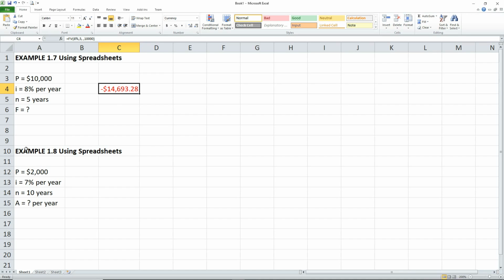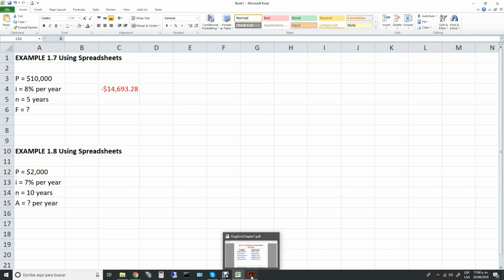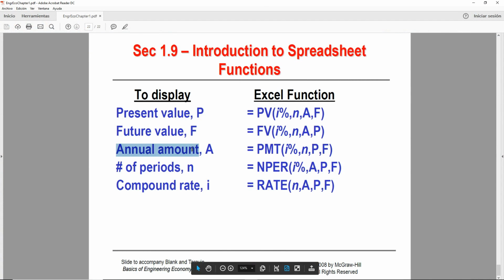Now, for example 1.8, we also identified these already in your example. You have P, you have I, you have N, but we're looking for A. So if we go back to the formulas and we want to display A because that's our unknown, we're going to be using the PMT, or the payment Excel function.